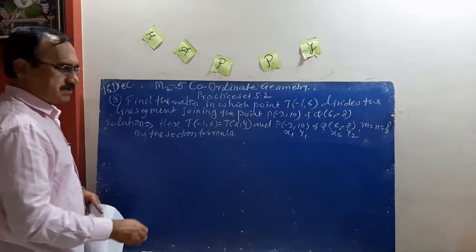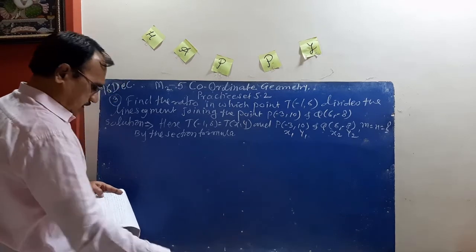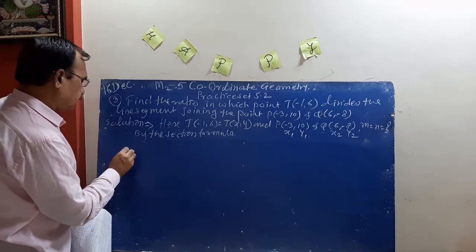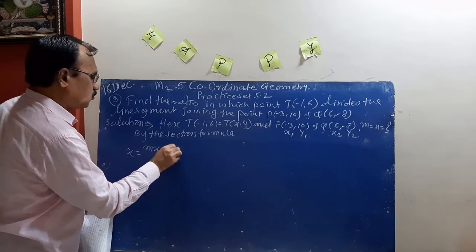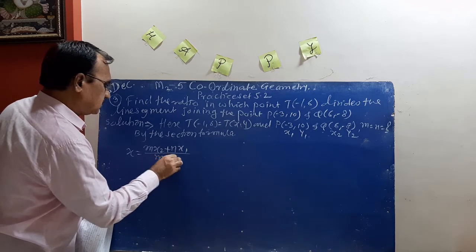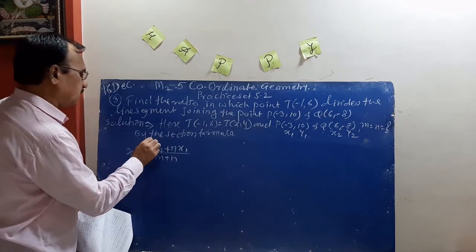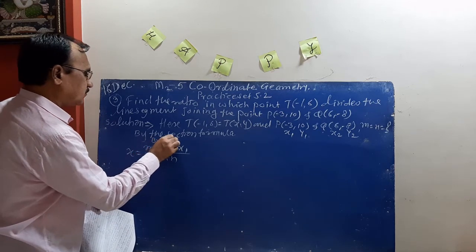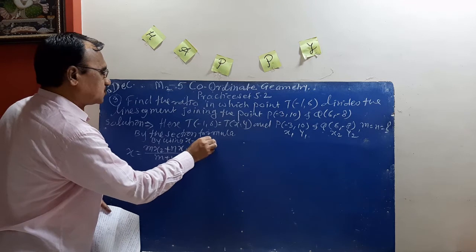By the section formula. What is the section formula? x is equal to (mx2 plus nx1) upon (m plus n), using the x coordinate.